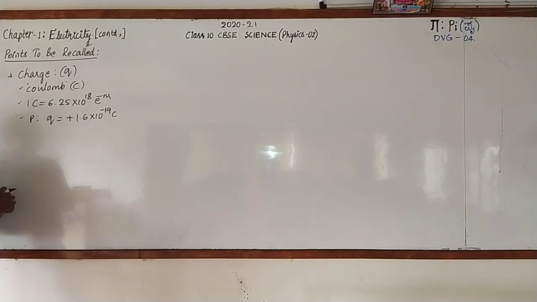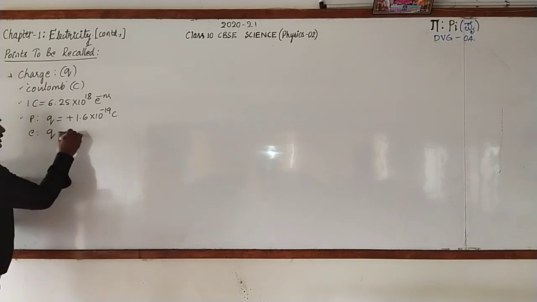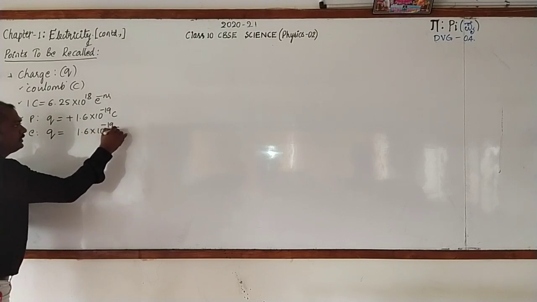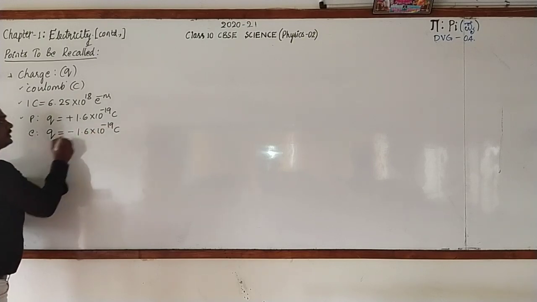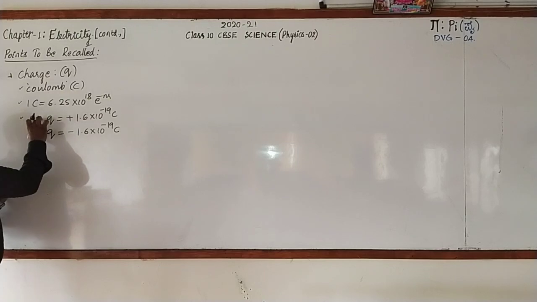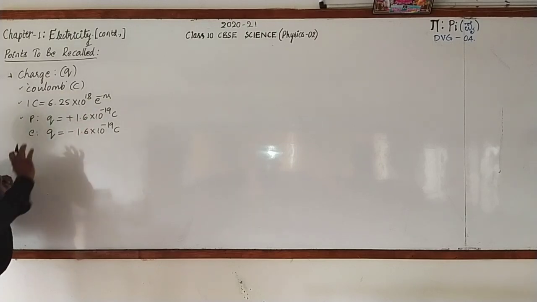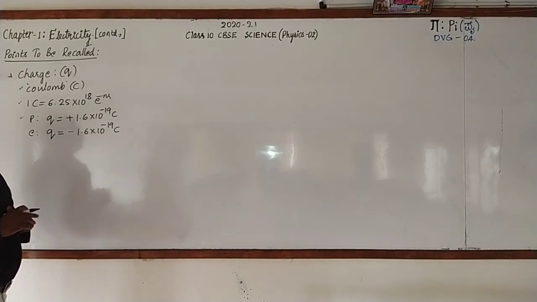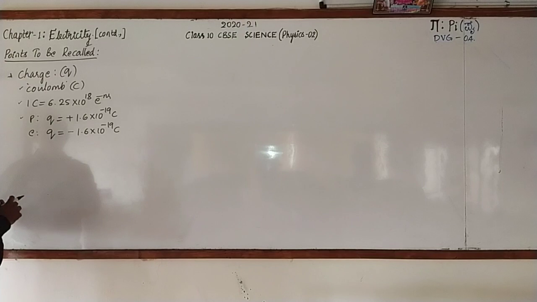And the negatively charged particle is called electron and its charge Q is equal to 1.6 into 10 raised to the power minus 19 coulomb, but we write the sign minus. They have equal magnitude but opposite sign. What about the charge of neutron? It is 0 because it is neutral.